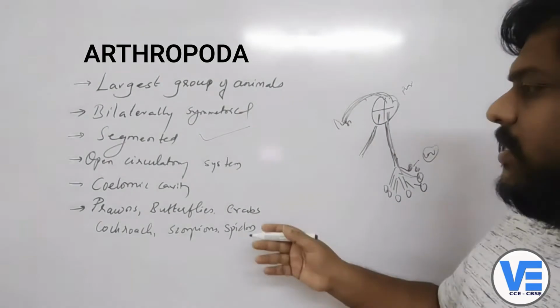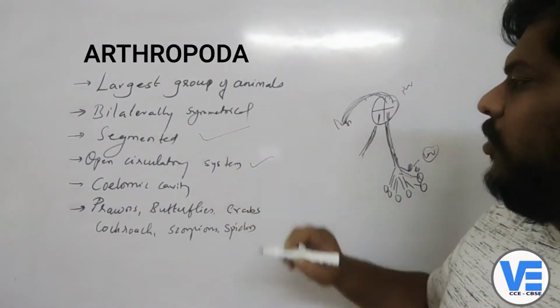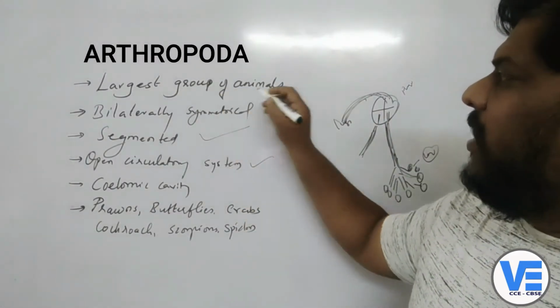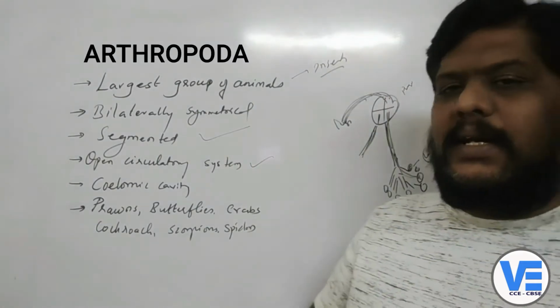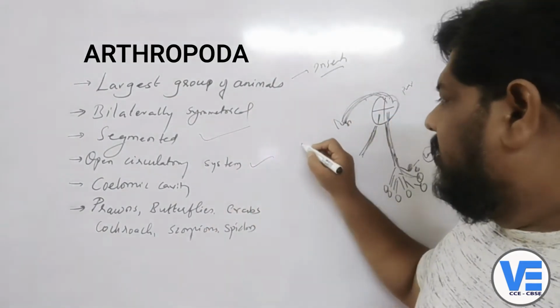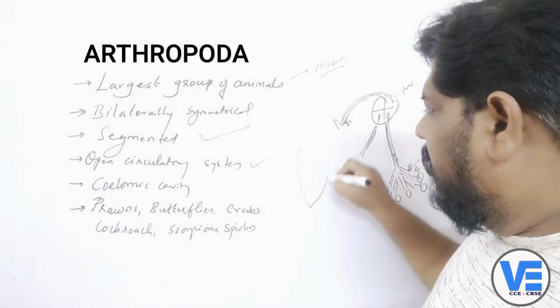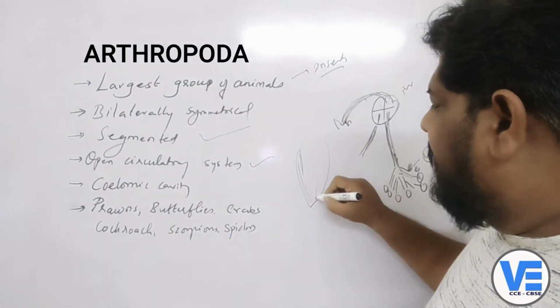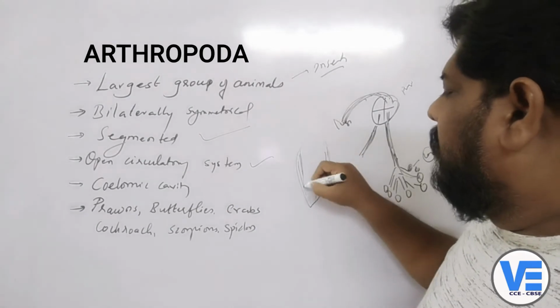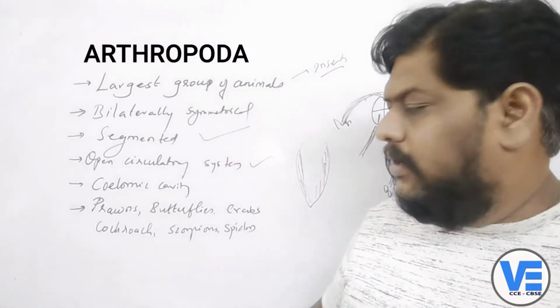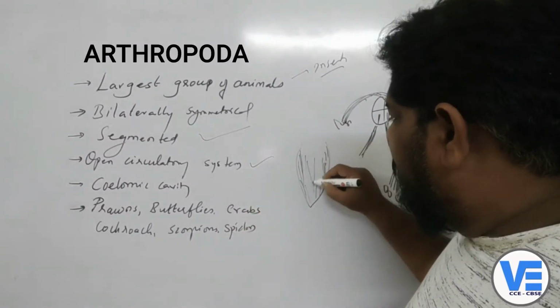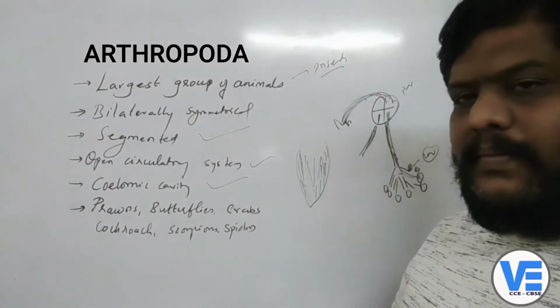Whereas when you see the insects, the largest group of animals you are seeing here, they have the open circulatory system. That is, the blood is sent into the cavity present in the body of the insect. For example, if you take a cockroach, the cavity inside is the coelomic cavity, right?